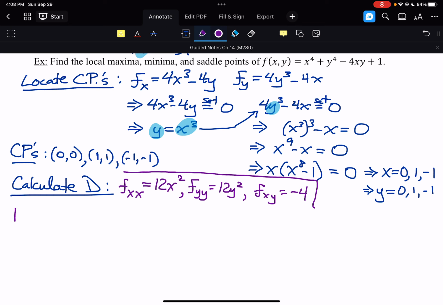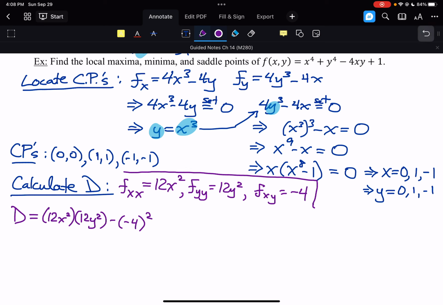So D will be 12x squared times 12y squared minus negative 4 squared. Be very careful with the negatives here. This is minus this term squared. A lot of times people, when they apply the square, they accidentally apply it to that and make it a positive, but it's not supposed to be.